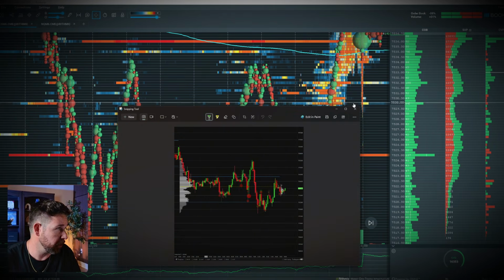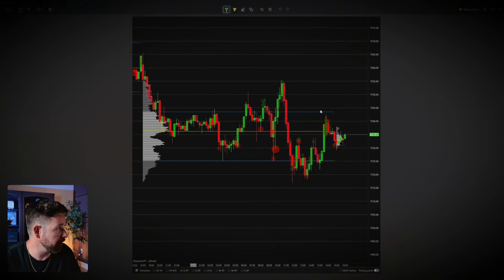So let's take a look at the volume profile today on ES, the S&P 500 futures. First of all, we see a balanced distribution of volume occurring where the price has moved up and down inside this range. We see the value area high near the highs of that range, the value area low near the lows of that range, and the point of control near the middle of that range where the most amount of volume was transacted.